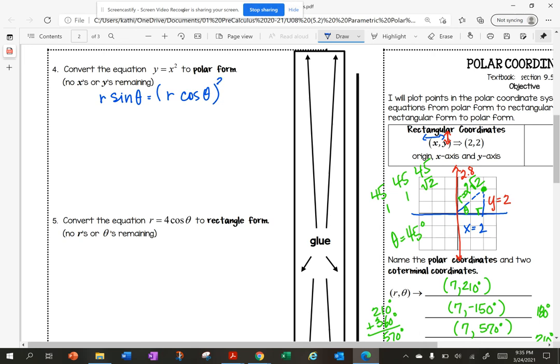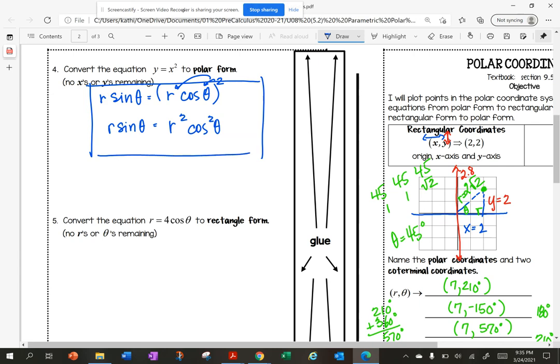But x is squared, so we're going to square this. So now I'm going to apply the squaring to both terms inside. So this is r times the sine of theta equals r squared cosine squared theta. So I could leave it as either answer. It depends how far you're taking it.